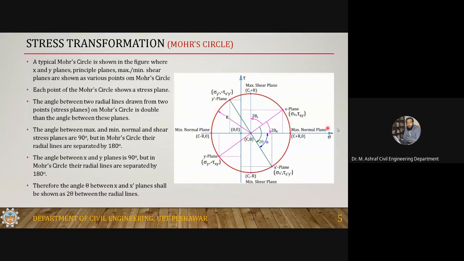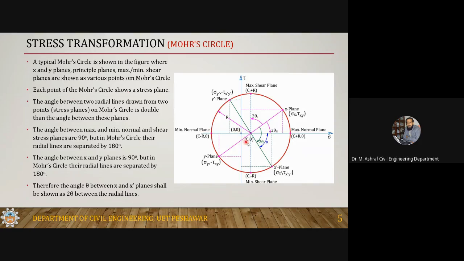This line and this line are the Cartesian coordinates x, y, and in this case the sigma and the tau lines, and the intersection of these two lines is the origin, 0, 0 position. Okay, and all points on this circle are referred to this origin.